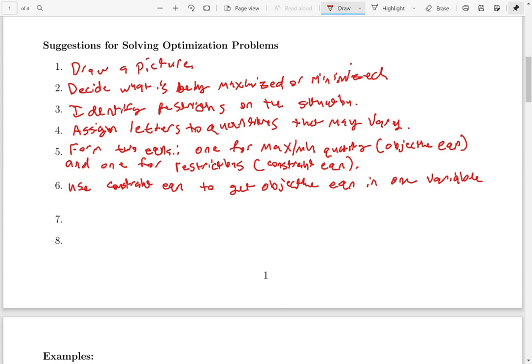Then, once you have the equation in one variable, use some correlation or combination of the first and second derivative test to find maxes or mins.